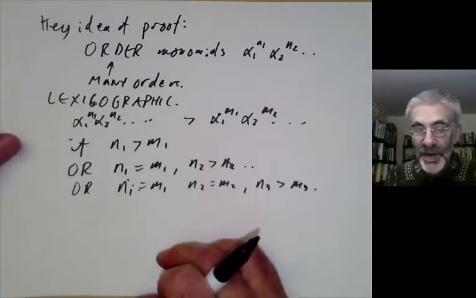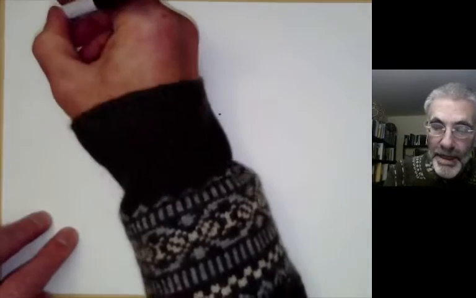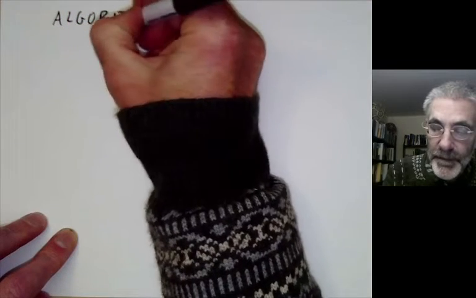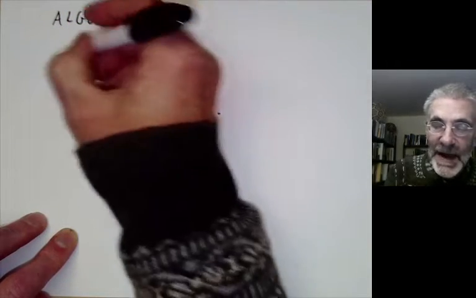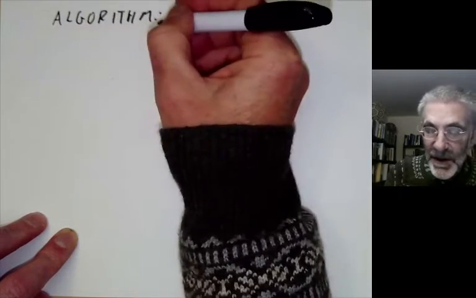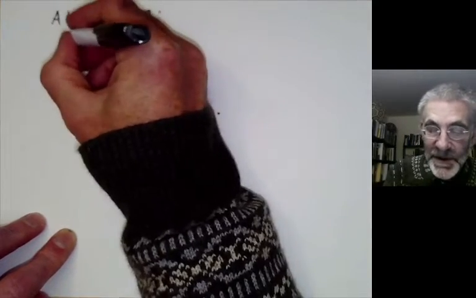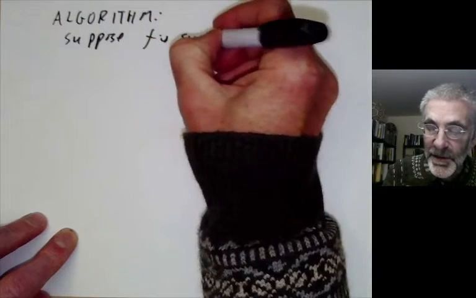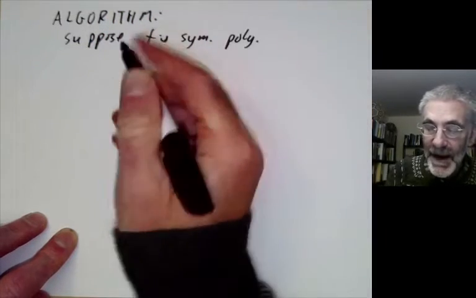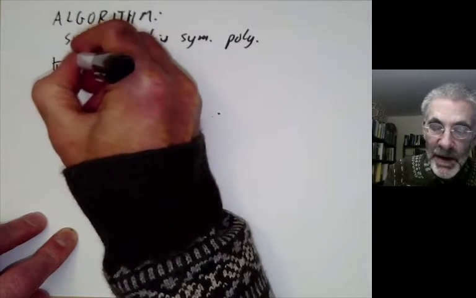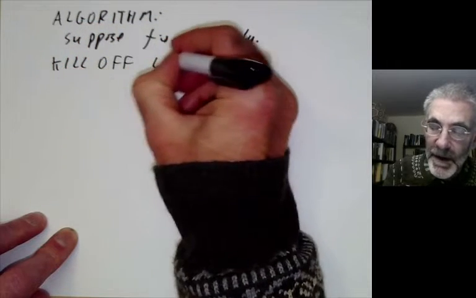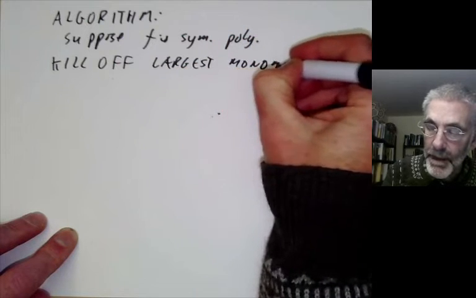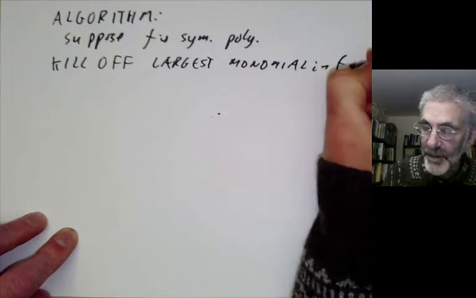So the algorithm works as follows. We're now going to write down an algorithm to write f as a polynomial in the elementary symmetric functions. So suppose f is a symmetric polynomial. And the algorithm is we just kill off the largest monomial in f.